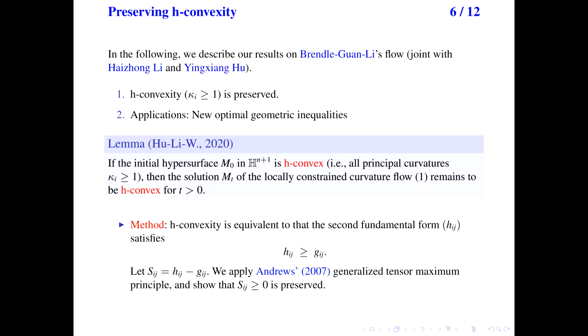And the method is to apply the generalized tensor maximum principle by Andrews to the evolution equation of a tensor S_ij, which is defined as the difference of h_ij and g_ij. And note that the h-convexity is equivalent to that the principal curvatures are greater than 1, which is also equivalent to that the tensor S_ij is positive definite.